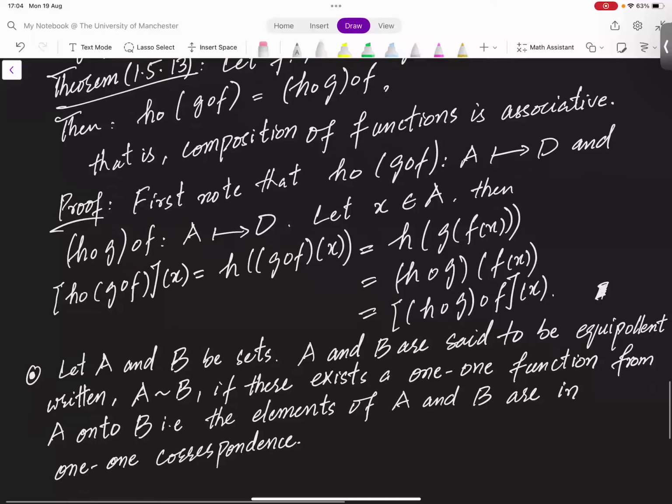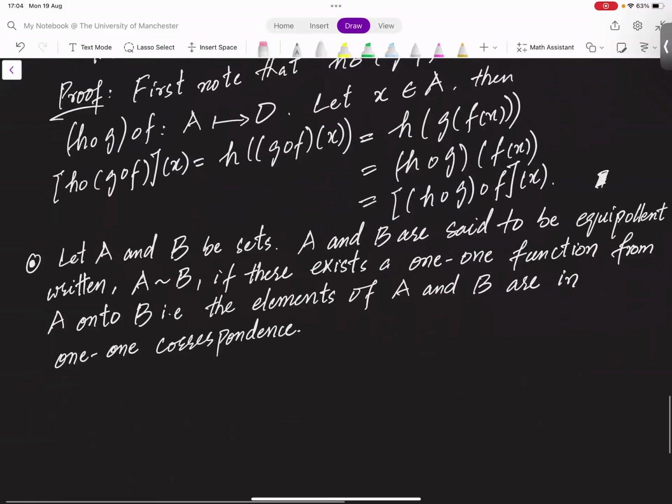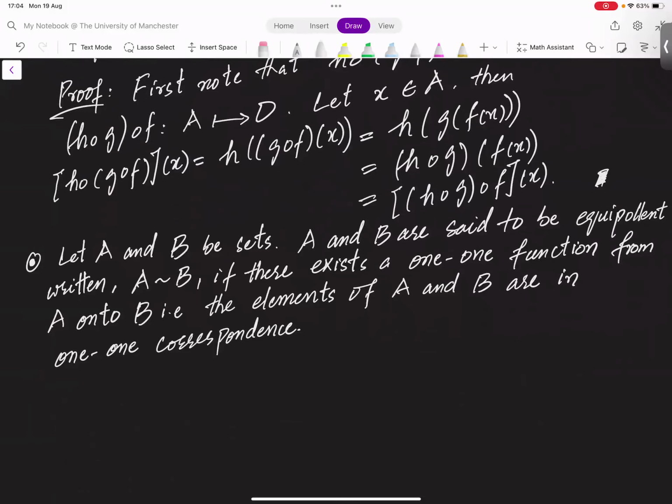And by 1.5.11, it follows that this is an equivalence relation. If A and B are equivalent, then sometimes we write mod of A and B the same.